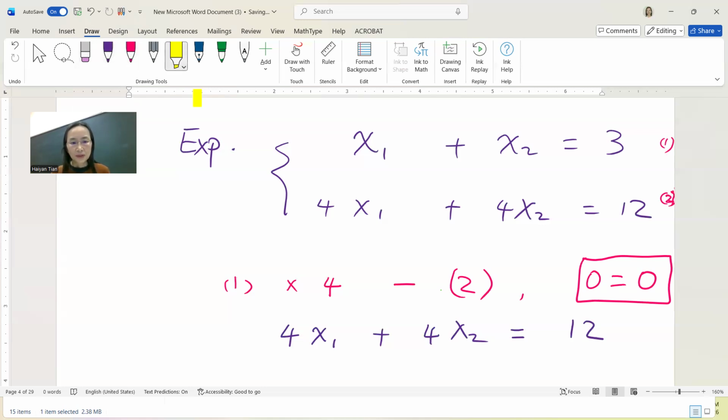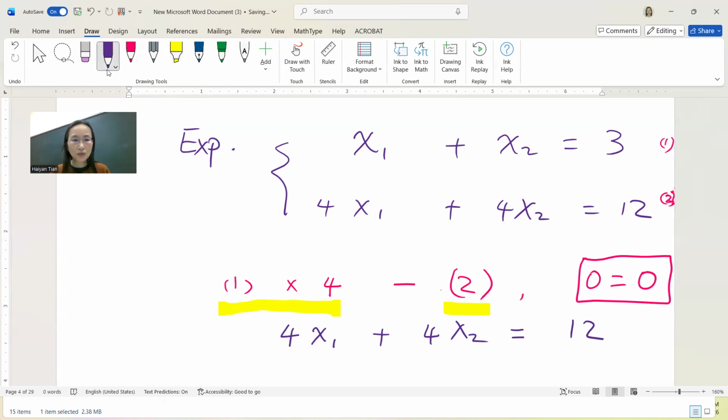So the first equation times 4 is the same as the second equation. If you do a subtraction, you will get 0 equals 0. So that means it's always true. This system has infinitely many solutions.